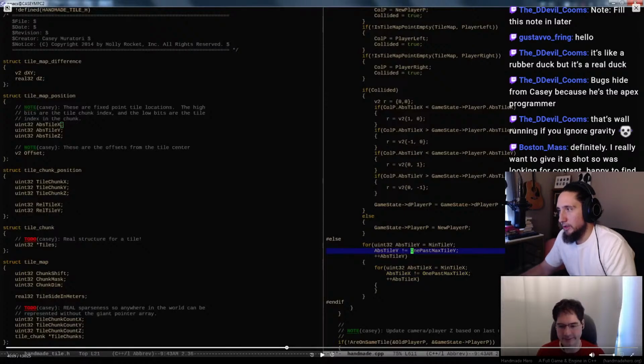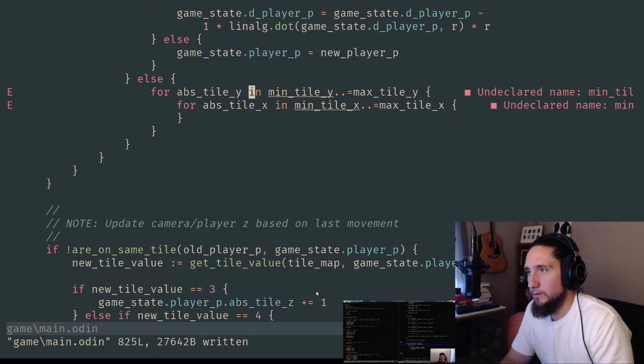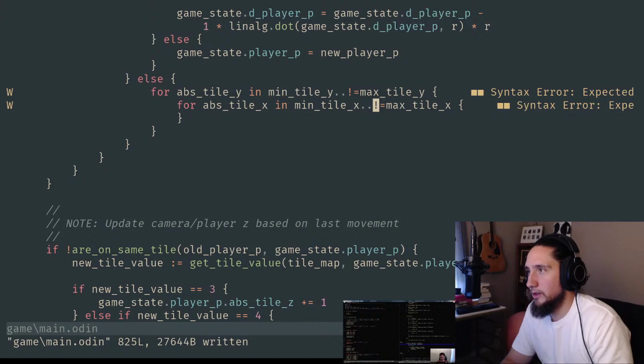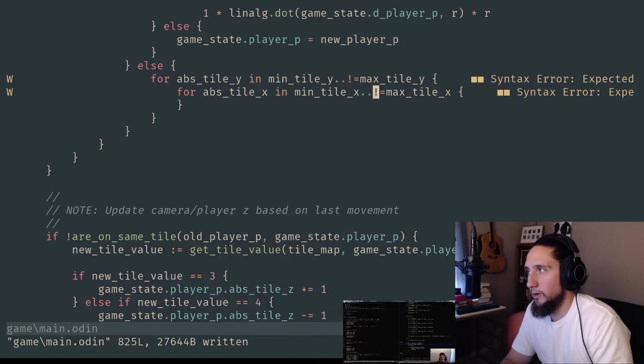Well, I don't think I can do that the way he just did it. Well, maybe I could. Yeah, I could if I did a C-style for loop, but whoops. I don't think this works, right? Like I can't say not equal to using this for syntax. It'd be nice if I could.